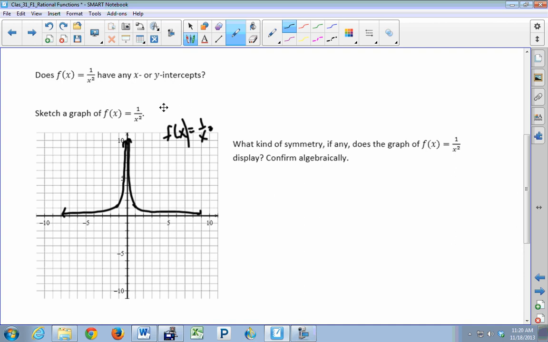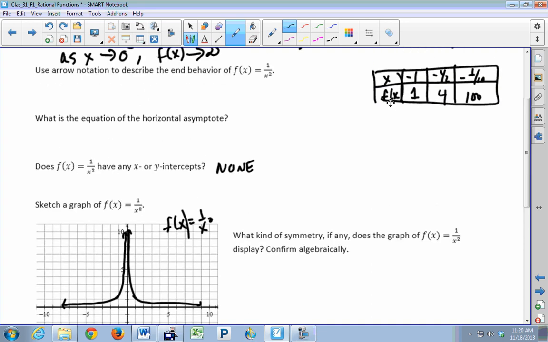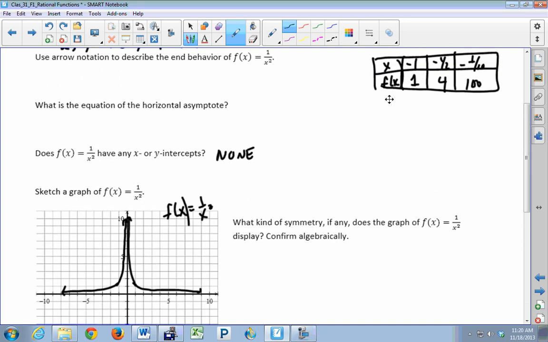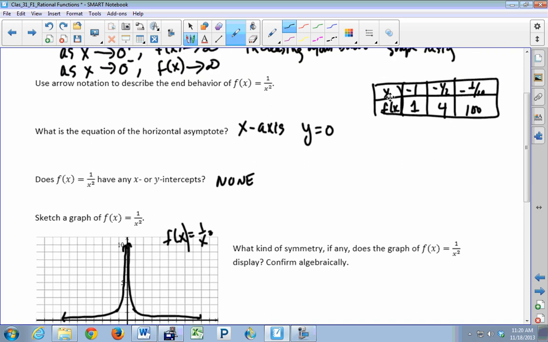And that's what f of x equals 1 over x squared looks like. Again, we have absolutely no x or y intercepts, none. The equation for our horizontal asymptote is our x-axis, and the equation for our x-axis is y = 0. The arrow notation for our end behavior says this: as x approaches infinity, our graph approaches 0.